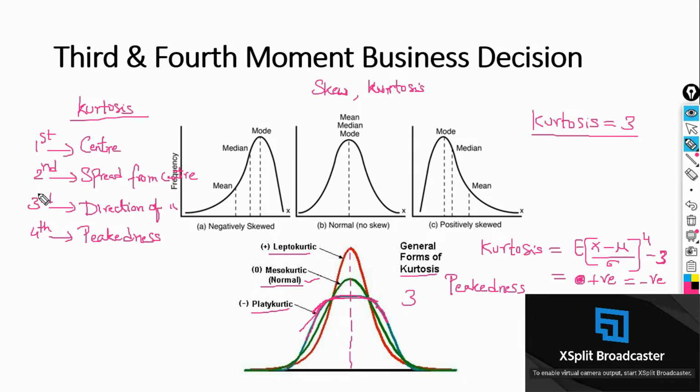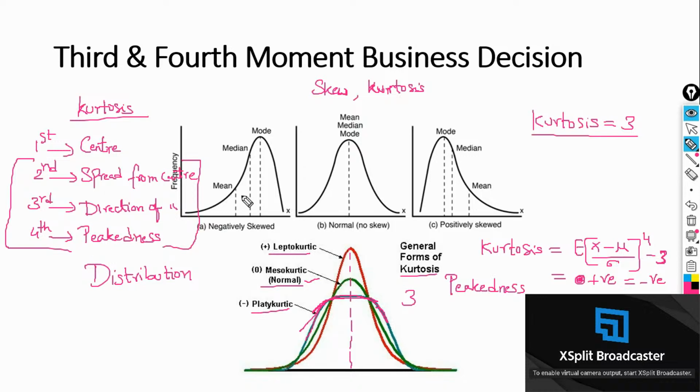What are the second, third, and fourth giving collectively? These 3 moments are actually talking about the distribution of your data. Observe properly. Spread from the center, direction of spread from the center, peakedness of your distribution.